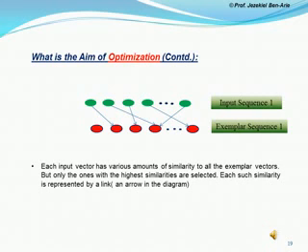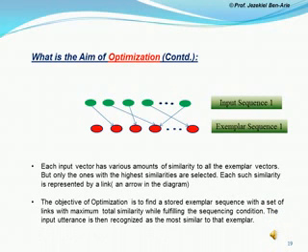The objective of optimization is to find a stored exemplar sequence with a set of links with maximum total similarity while fulfilling the sequencing condition. The input utterance is then recognized as the most similar to that exemplar.